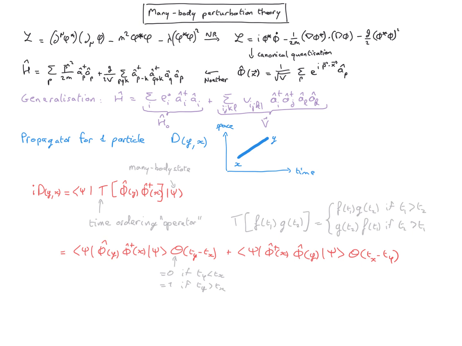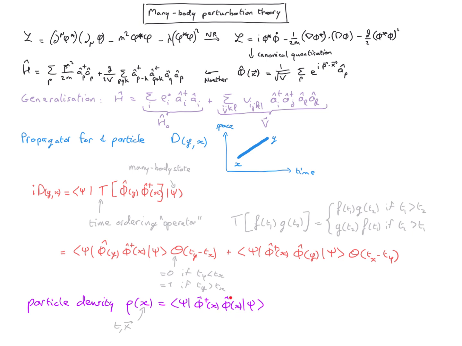For instance, we can extract from it the density of particles in the system. This is the number of particles per unit of volume at a given position x and a given time t. Indeed, we can obtain this quantity by interrogating the many-body state psi with the operator phi dagger of x, phi of x, which counts the number of particles at space-time position x.